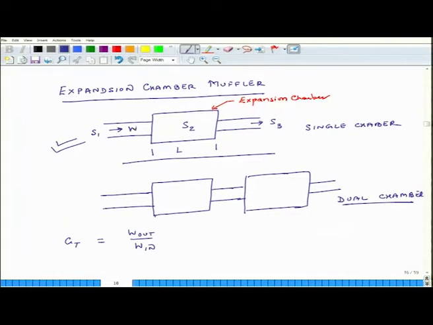So, this is my power in and this is my power out, and once I can compute AT, then the transmission loss for this expansion chamber muffler is nothing but 10 log 10 of 1 over AT.